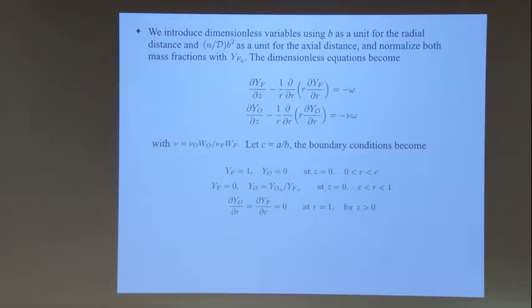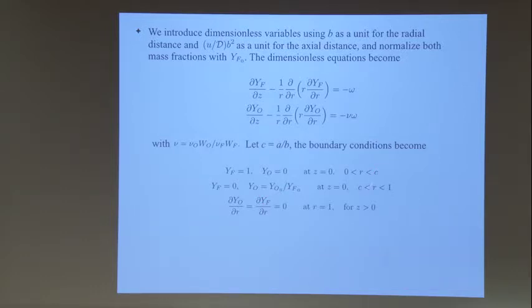So the equations to solve for the fuel and oxidizer are these. In fact, Burke and Schumann were mostly interested in the flame height, so they didn't go through computing the temperature. So they focused only on these two equations, and the boundary conditions are clear. The fuel is provided at the inner cylinder, the oxidizer at the outer cylinder.